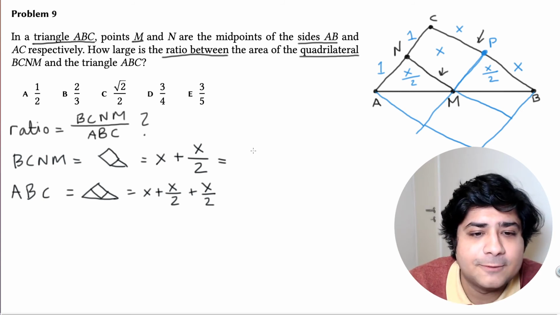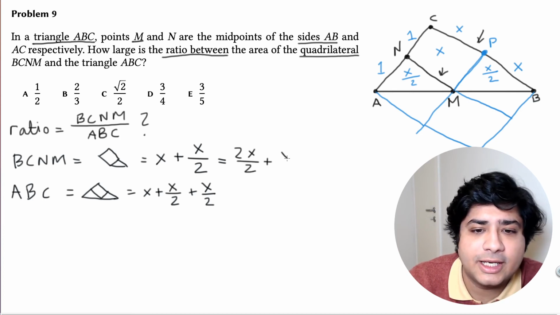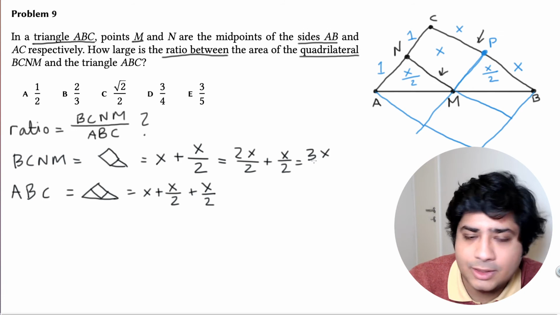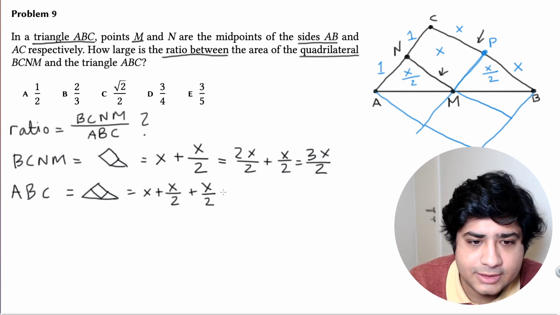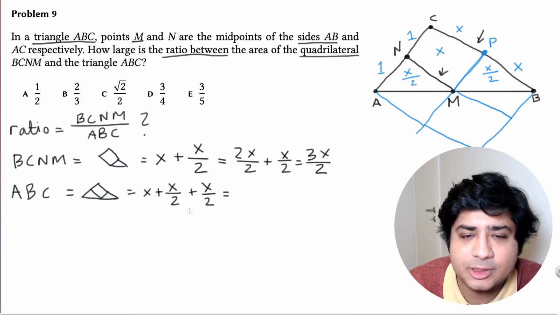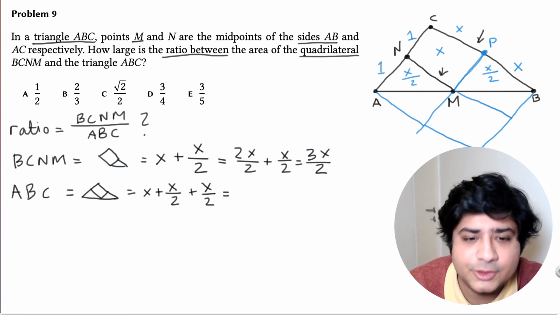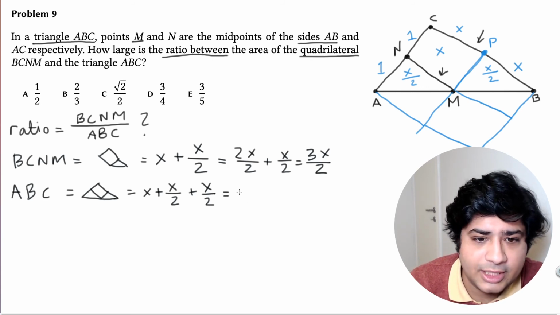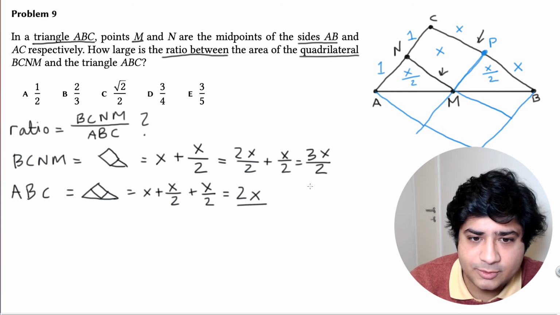If we were to simplify this, we could just do 2x over 2 plus x over 2, which gives us 3x over 2. And then this, of course, would give us x plus half x, half x, two of them together make a whole x. So that is going to be a 2x here. All right, so we got this one and we got this one.